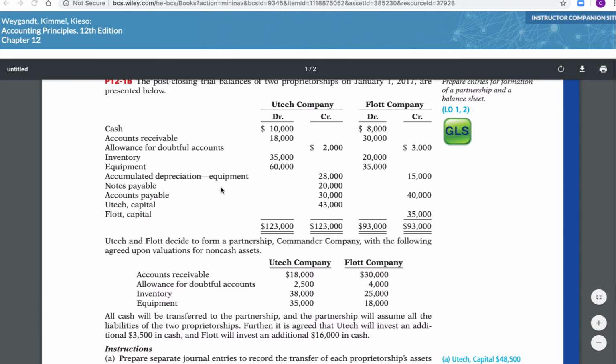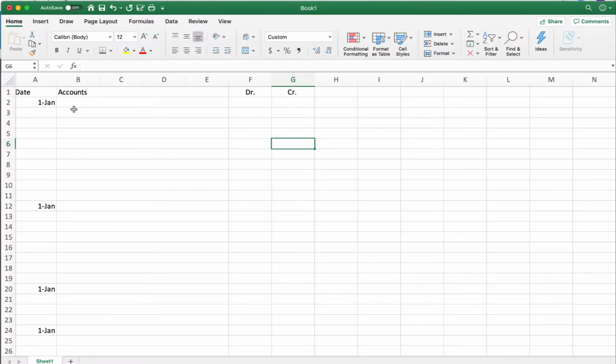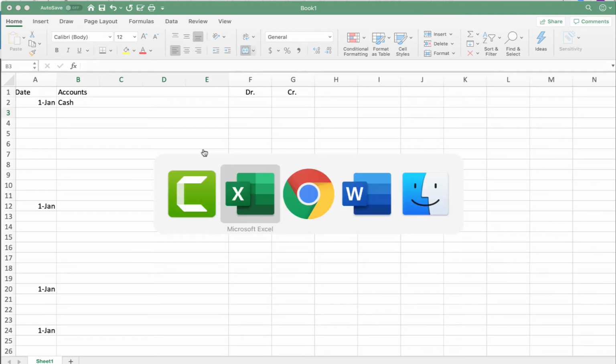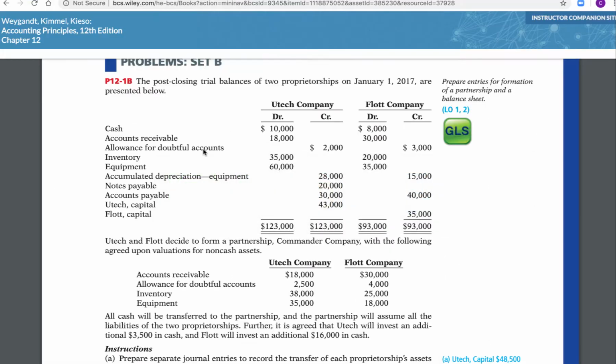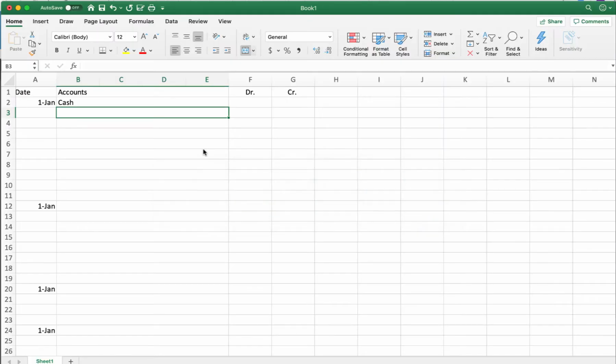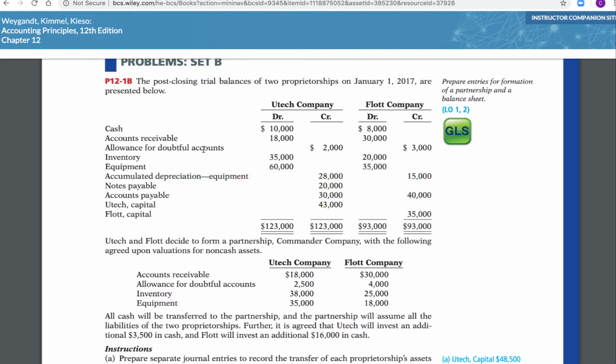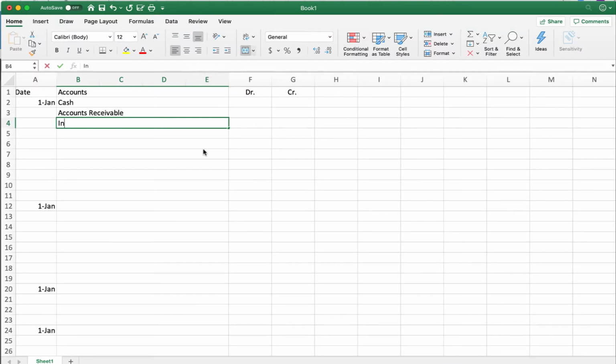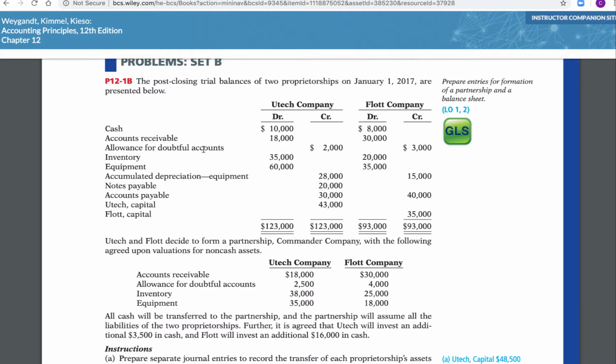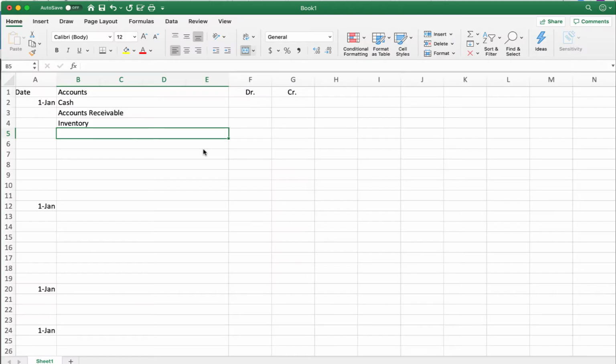So first thing I'm going to do is list what I'm putting in. Well, UTech is going to put in cash, accounts receivable, inventory, and business equipment. Then they're also going to put in their liabilities.